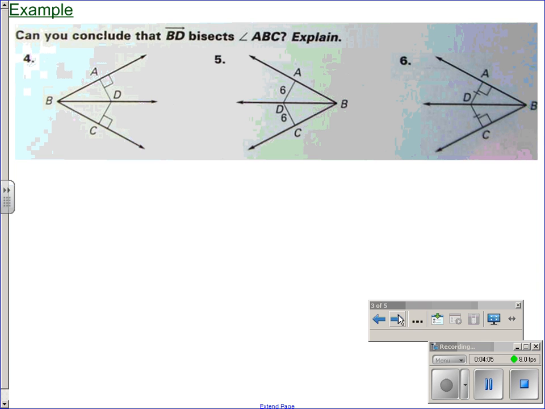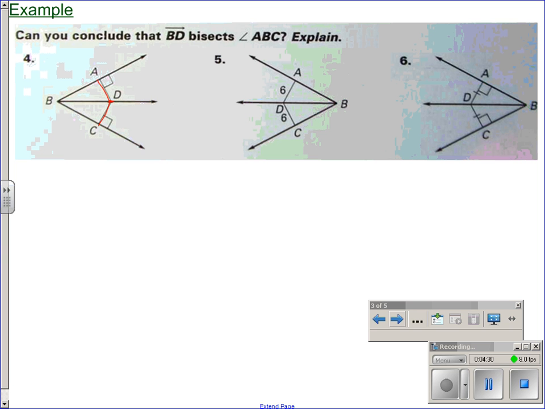All right, so some examples. Can you conclude that segment or ray BD bisects angle ABC? Part number 4 here, the first example. Looking at point D, with the red pen, it shows a little bit better. Looking at point D, we're going perpendicular to the ray BC.